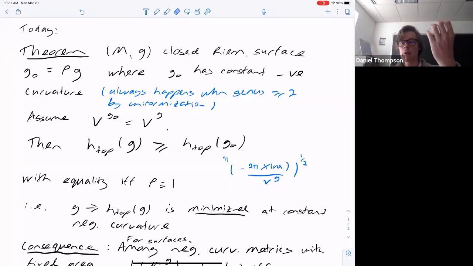So think about constant curvature. If you scale downwards, your curvature goes up. Think about a tiny hyperbolic thing: take your constant curvature negative one thing, and then scale it down. That's going to make its curvature get stronger and stronger.